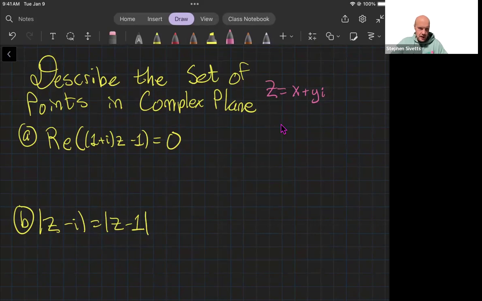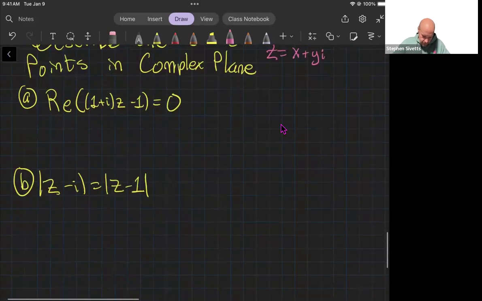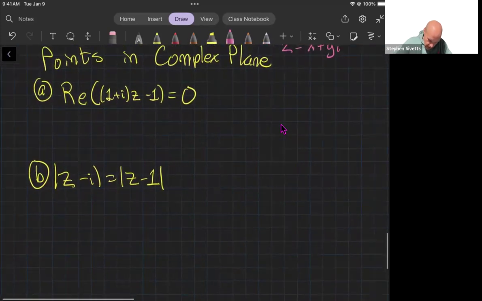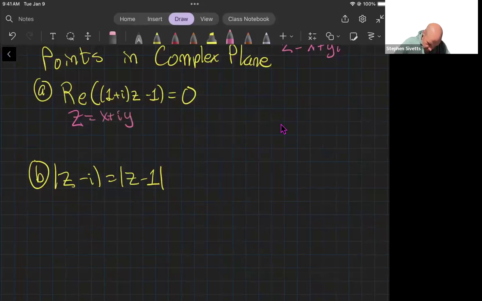Okay, so I assume you had a go at it. Let's actually go over what the solutions are here. So if you let z equal x plus iy, we can simplify this quantity as (1 plus i) times (x plus y times i) minus 1.